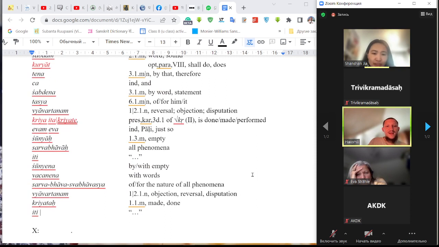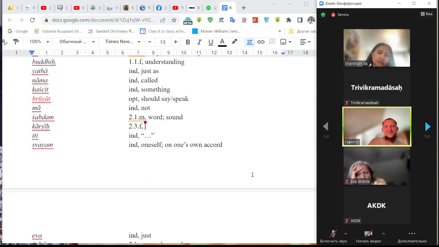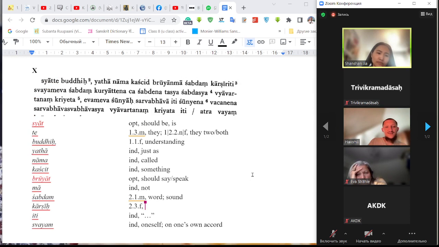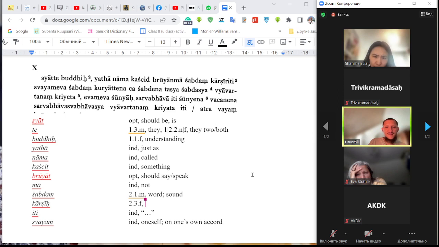Then we have bruyat, which would be another sentence: one should say, one speaks. And then it ends with iti. So from yatha to karshihi, it will be one sentence included in iti.